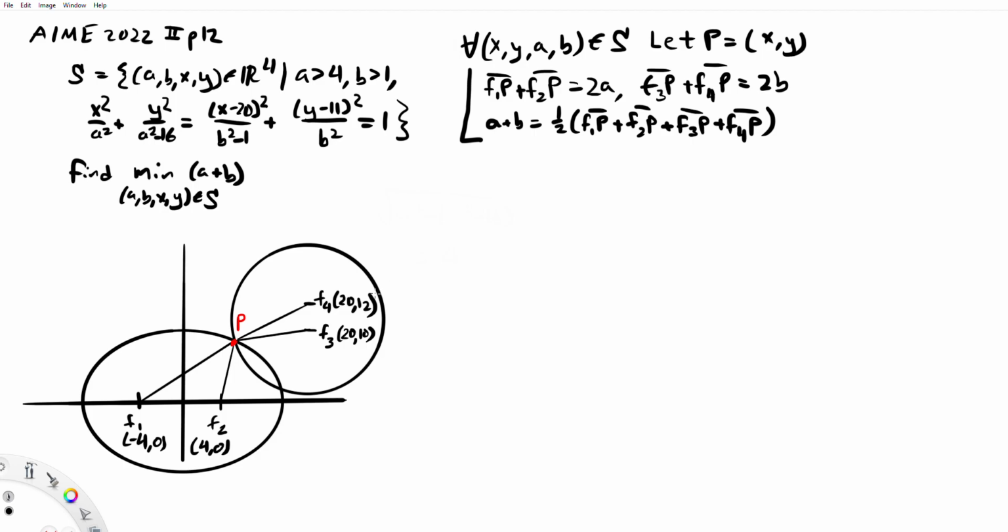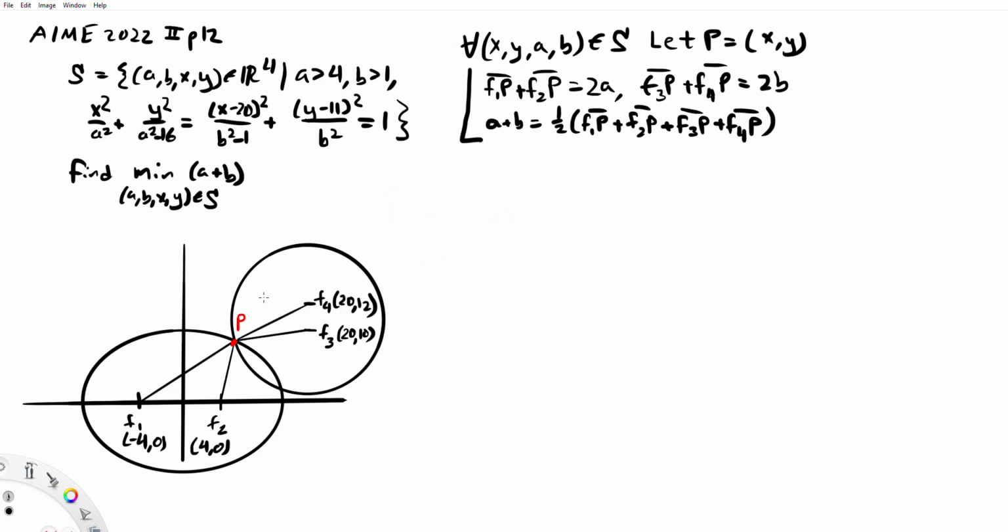So this picture that I drew here: for every solution, we're going to be able to take the x and y from that solution and plot that on this plane here, and we'll get a similar picture.